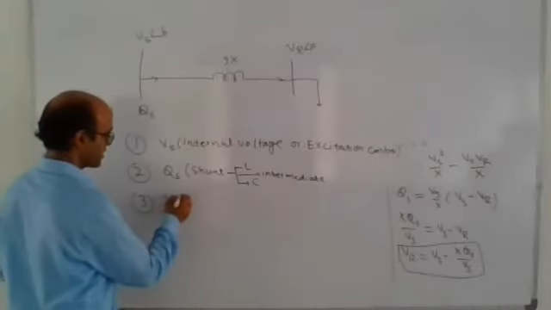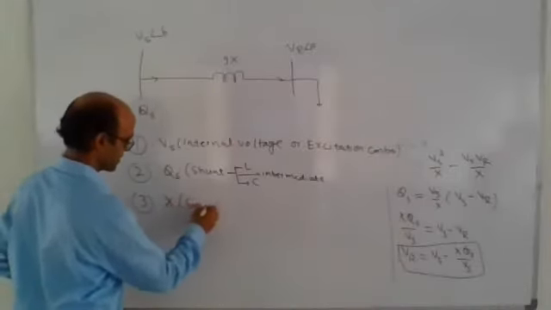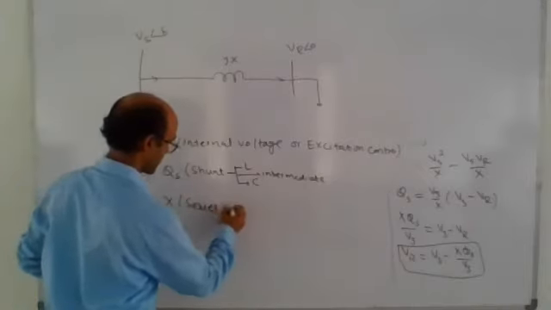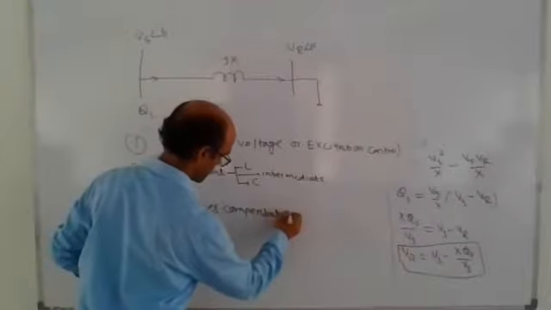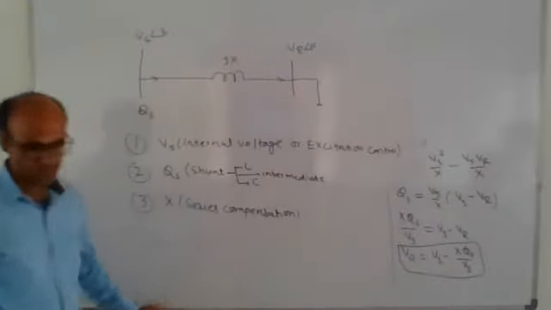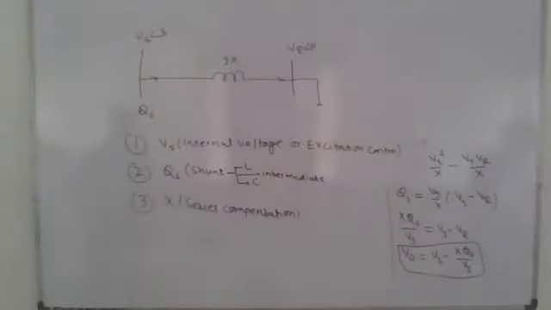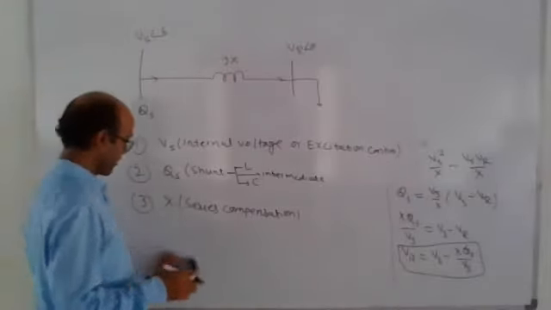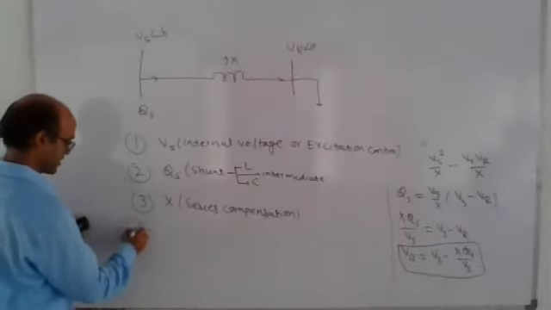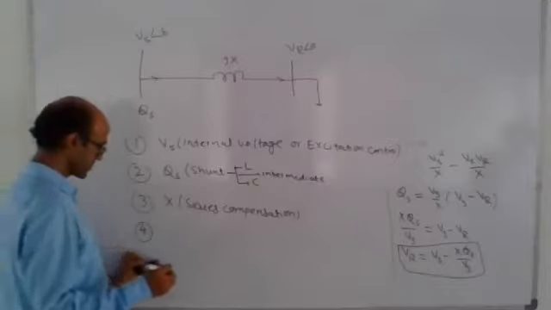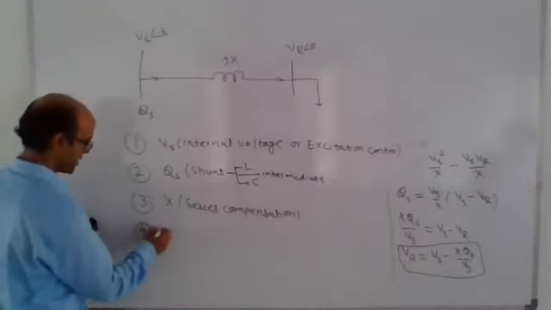And this is series compensation. So these are the 3 methods. Apart from that, there is another 4th method, that is on-load tap changing transformer.